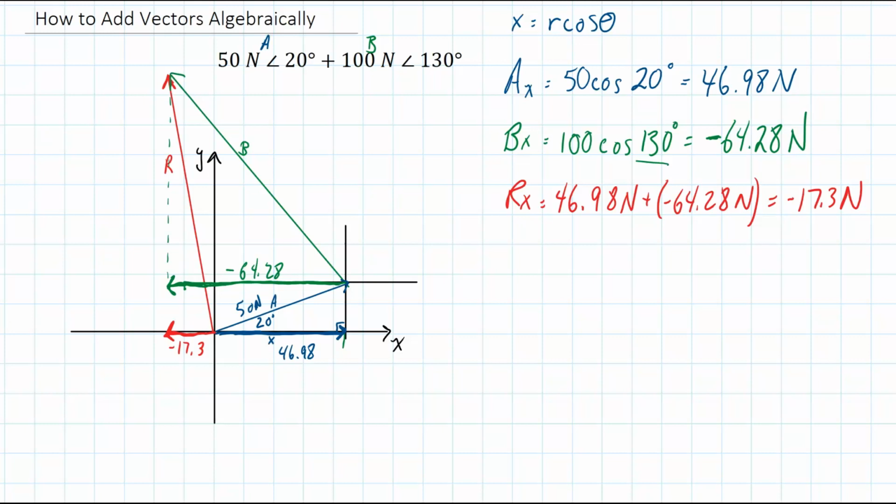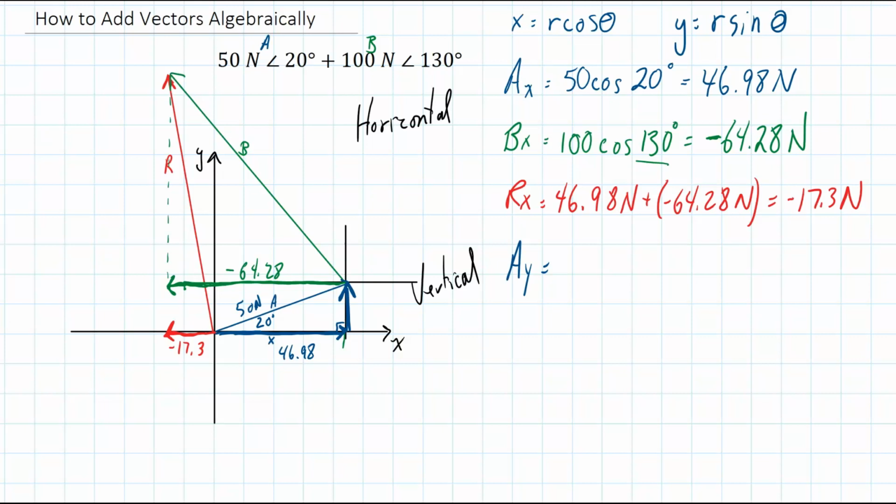Now we will do the same thing for the vertical. So this is the horizontal, and now we will do the vertical. Let's take a look at A sub y, the y vector of A. That's right here, and y equals r sine theta.